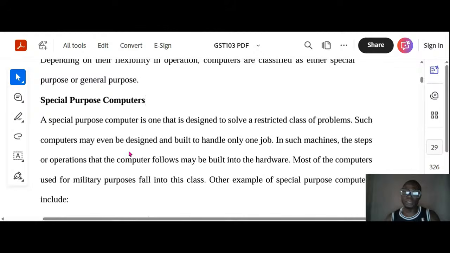Such computers may even be designed and built to handle only one job, like I've mentioned earlier. Only one job. So in such machines, the steps or operations that the computer follows may be built into the hardware. Since it's only one job that the computer is doing, the computer will be very smart.